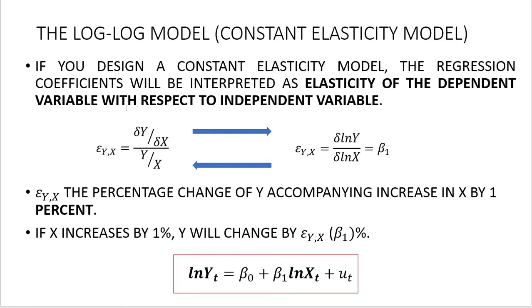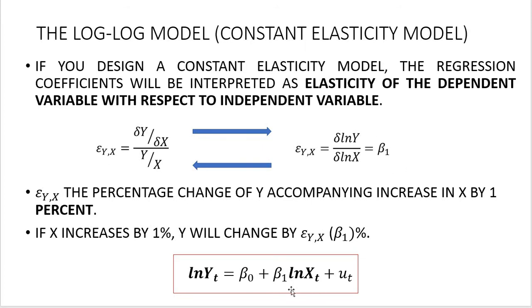In simpler words, we divide the marginal function by the average function. So elasticity is free of units of measurement. Basically, elasticity tells you by how many percent y will change if we increase x by 1%. So this is the measure of responsiveness of y with respect to x.